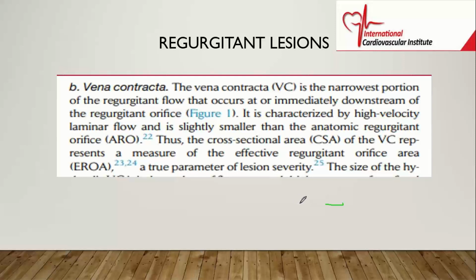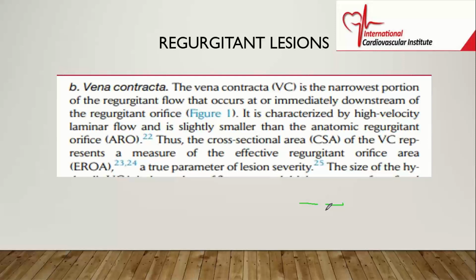So we're just talking about a regurgitant lesion in general. If this is the valve plane, regurgitation is going to occur right here. Remember that when you have regurgitation, it does not occur through an anatomic area.